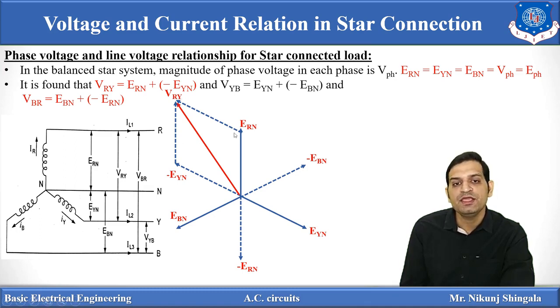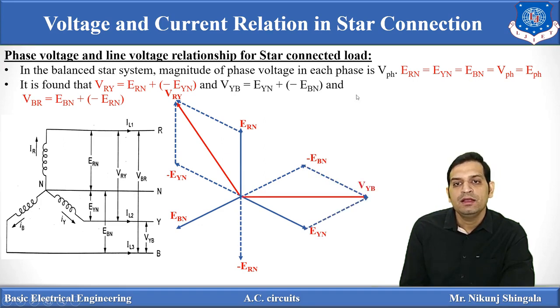Here ERN and EBN are displaced by 120 degrees from each other, and minus EYN is the opposite of EYN, so it will bisect EBN and ERN. So the angle between minus EYN and ERN will be 60 degrees. This total angle is 120 degrees, but the angle between minus EYN and ERN will be 60 degrees.